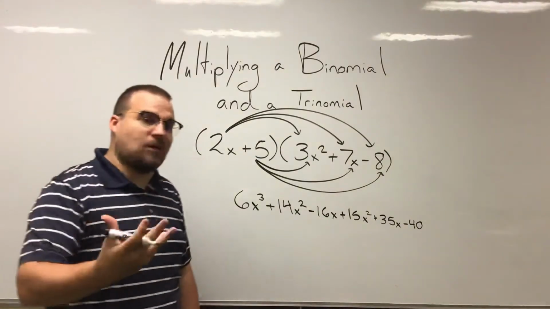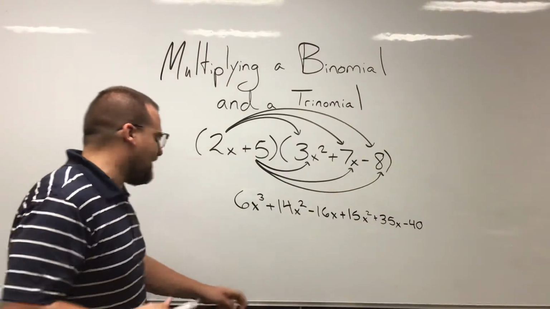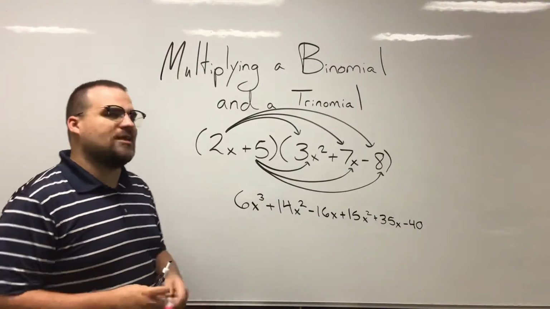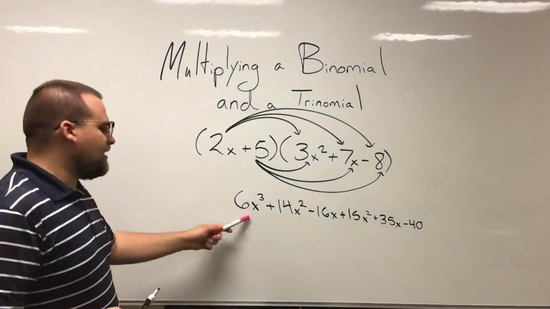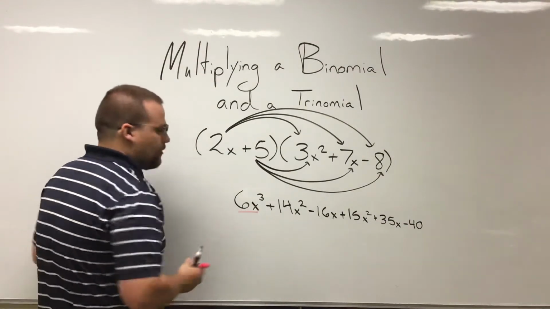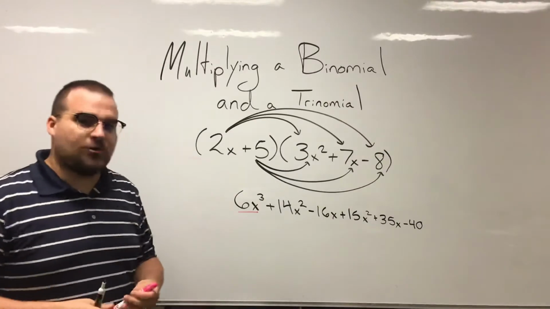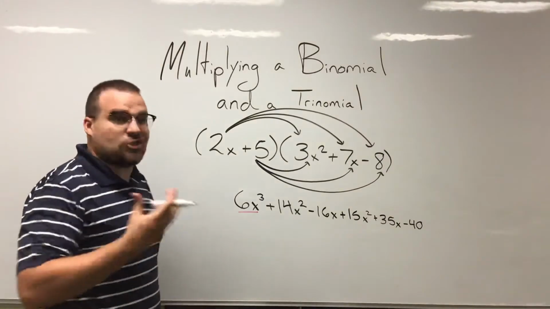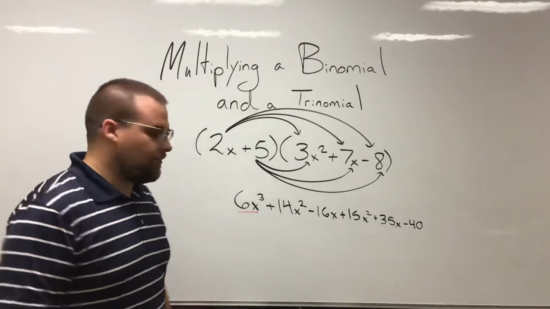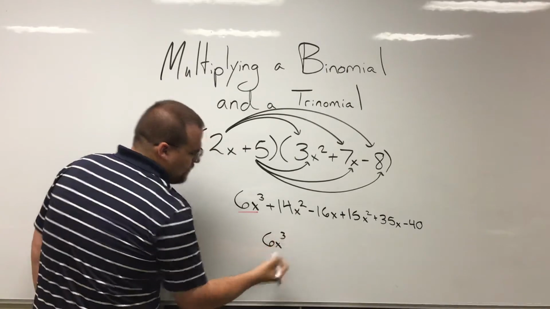We can combine like terms. You'll notice several of our terms have matching variable configurations. Let's start at the beginning. Do we have any matching variable configuration for 6x to the 3rd? No, we don't. We only have one x to the 3rd variable, so it's not going to change. So I'm going to keep it just like it is.